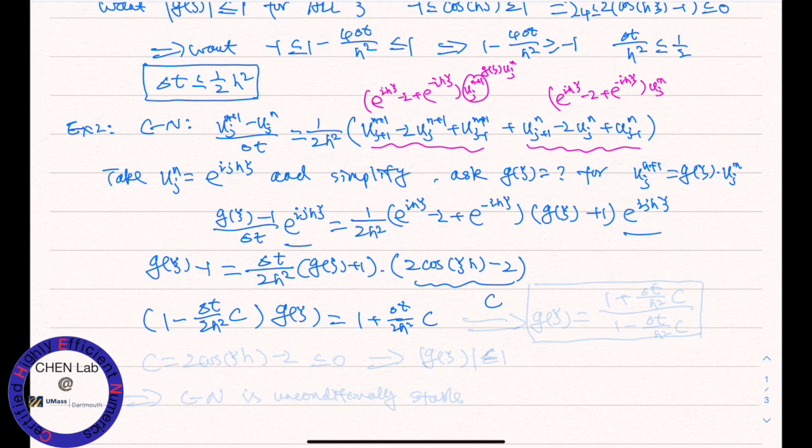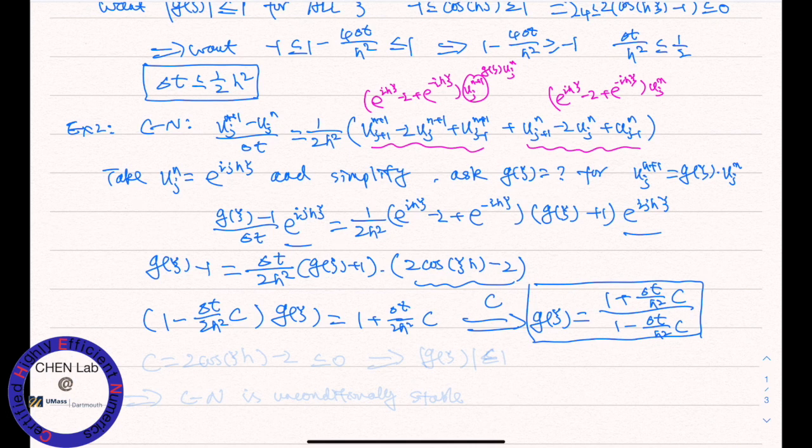So our G(ξ) is going to be equal to 1 plus delta t over 2h squared c, over 1 minus delta t over 2h squared c. That's our final G(ξ). Of course, c is a function of ξ for a given h, so this is a function of ξ. You can plot it and study that.